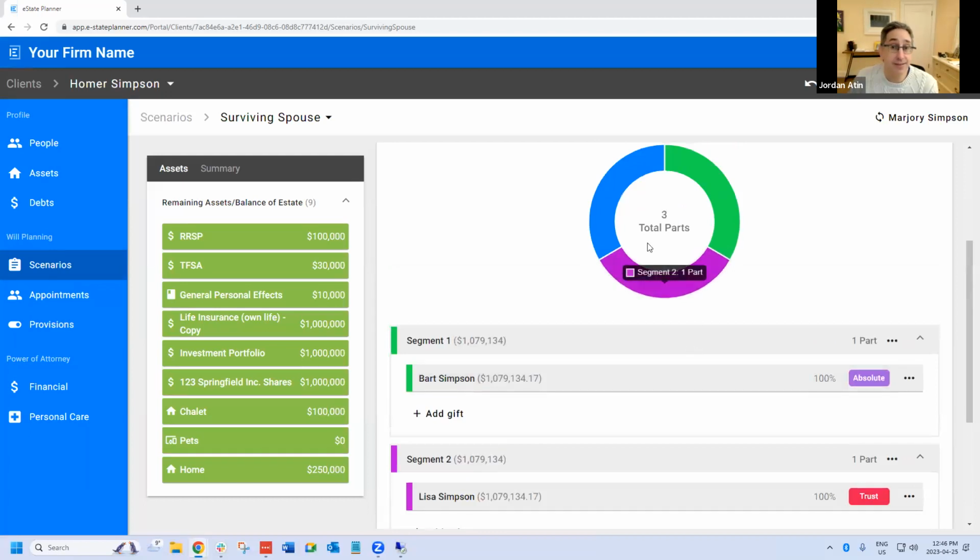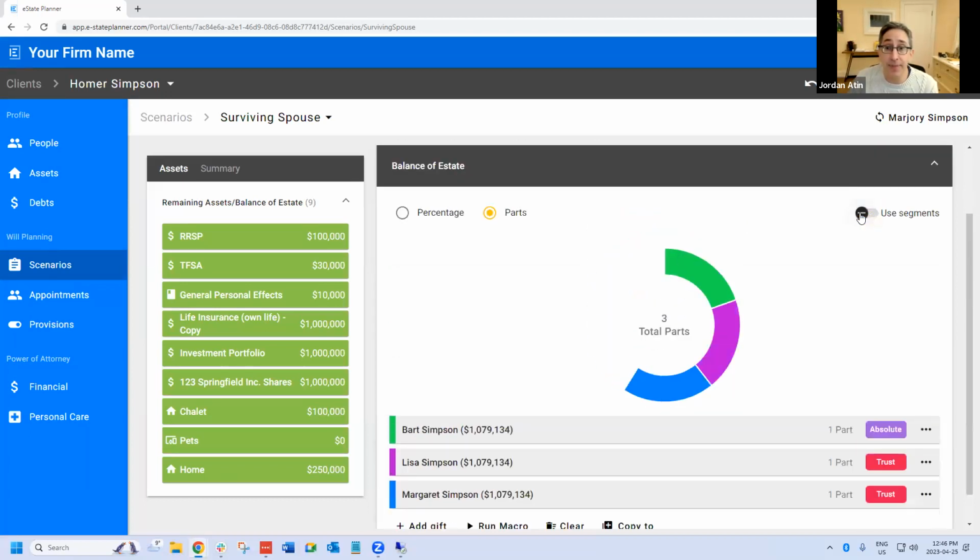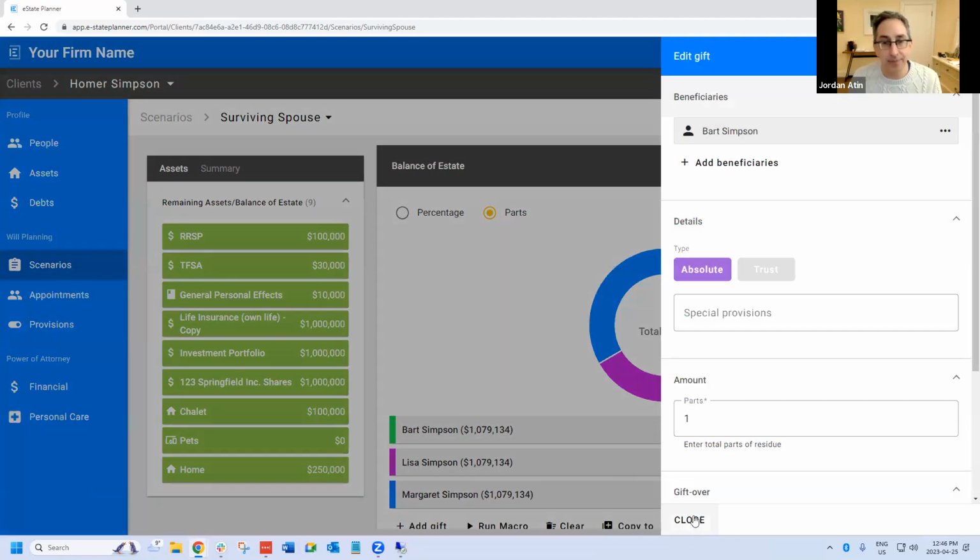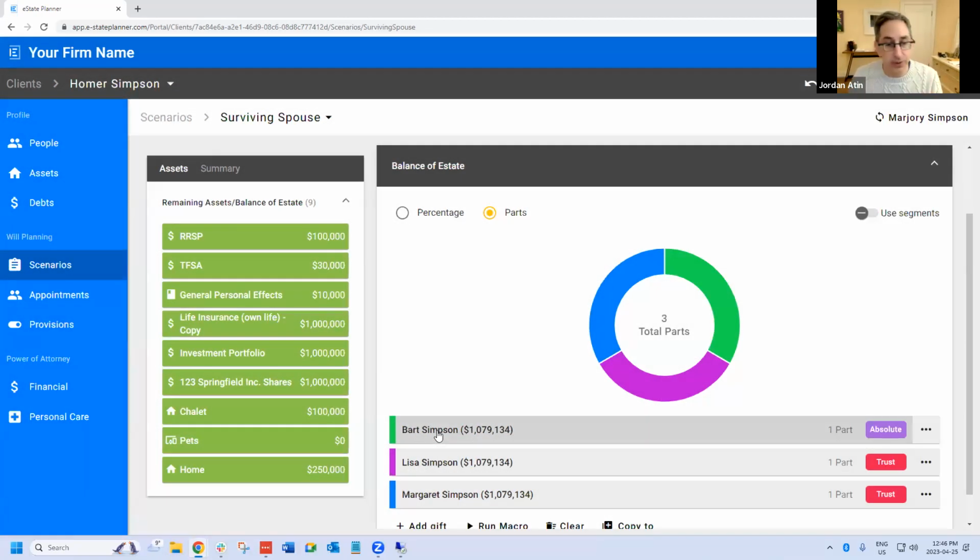So you can show it in either way, and that's why you can flip that on or off. Again, the reason we don't need to show that is because there's one or multiple beneficiaries that are sharing one segment exactly the same. In this case, it's one beneficiary, segment 1, one beneficiary for Lisa, one beneficiary for Maggie.